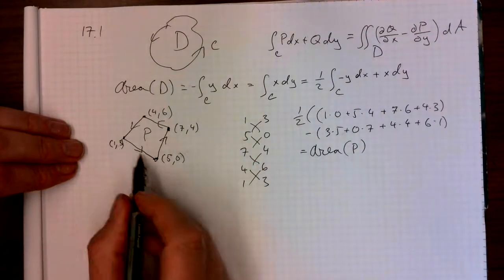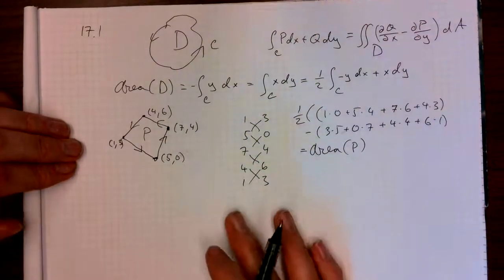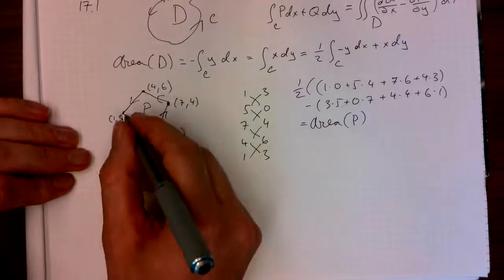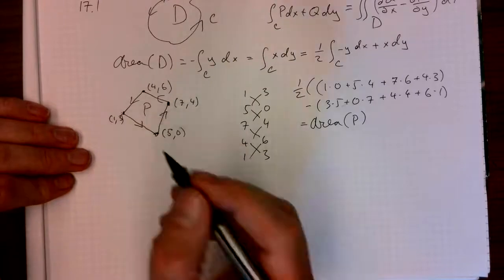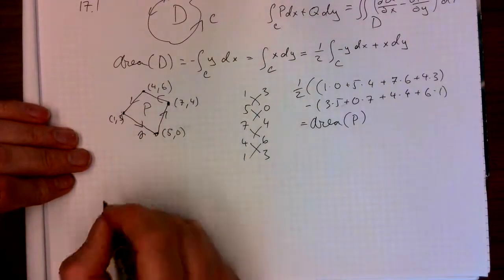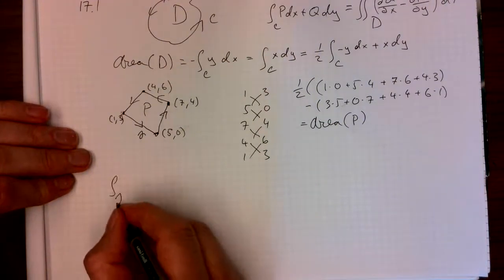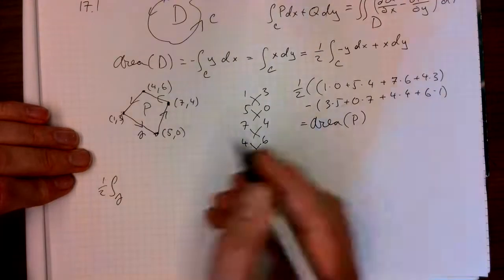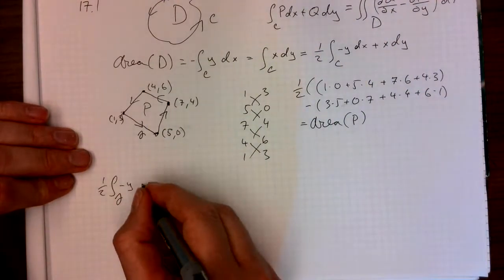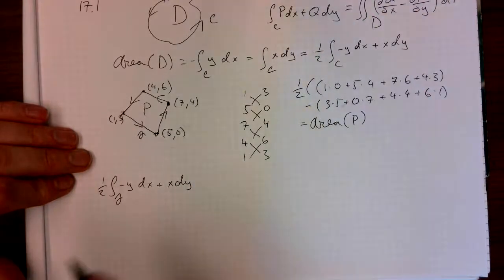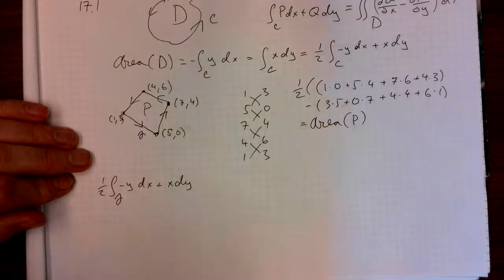Let's just compute one, so that we don't overdo it. Suppose this line, we call it gamma. The integral over gamma of 1/2 times y dx plus x dy. Now, how is gamma parameterized?